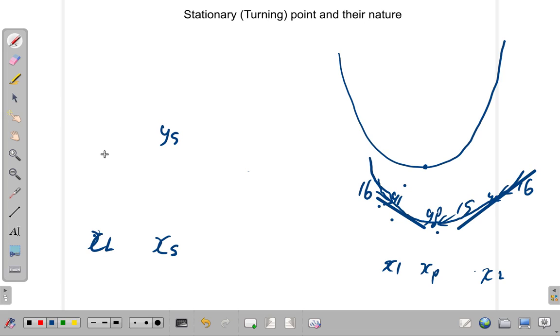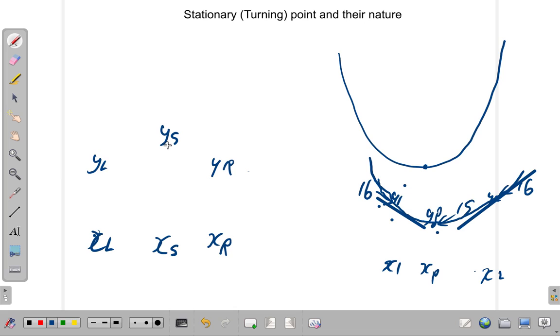What you have in that case is yl, y left, and you calculate that value and it is lower than ys. Then you go to the right of xs and choose a point xr, x right, and you calculate the value of y for xr and you get yr, and yr is lower.